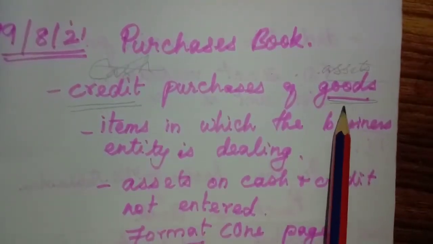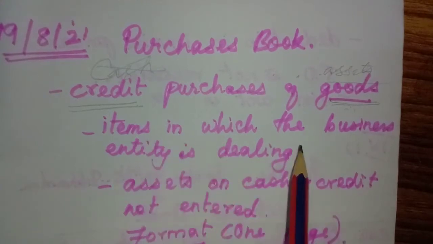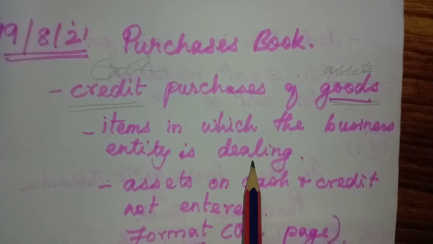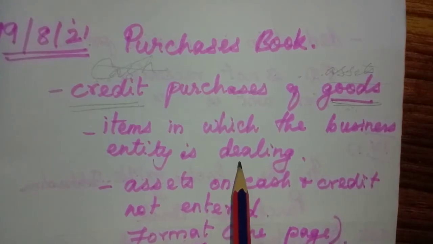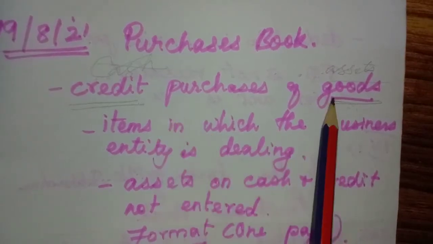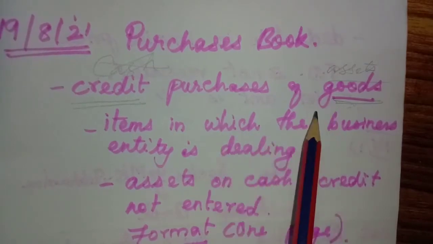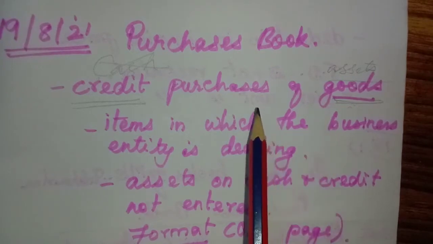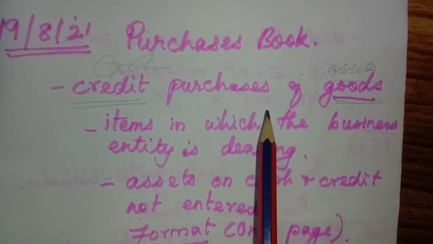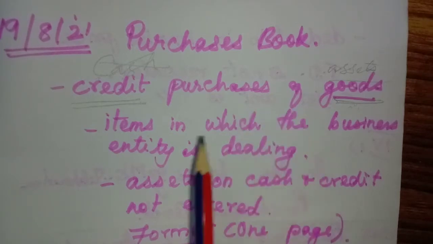Here, what is the meaning of goods? Goods means the items that the business entity is dealing in. If they are purchasing and selling furniture, then furniture is their goods. If they deal with grocery items, then grocery items will be their goods. Some other concerns deal in textile materials, so those textile things will be their goods.